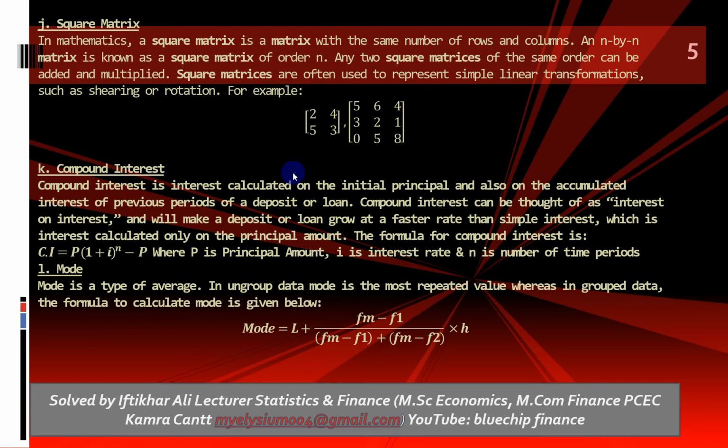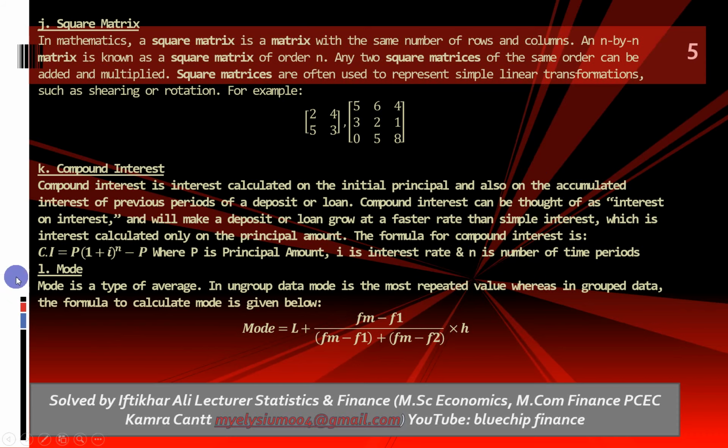One important thing to understand is that in simple interest, in each time period, interest is calculated on the principal amount. But in compound interest, it is calculated on the recent balance of the amount.